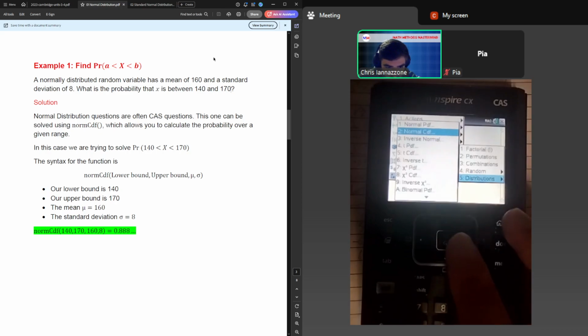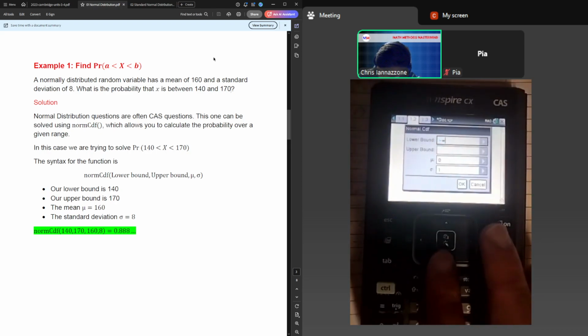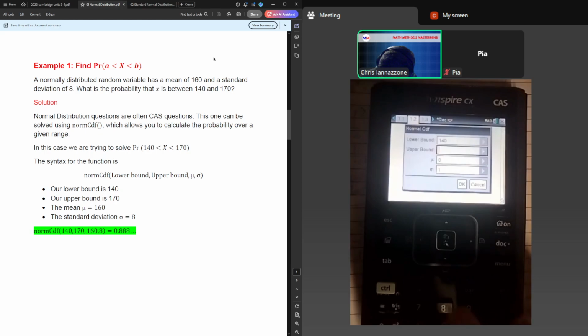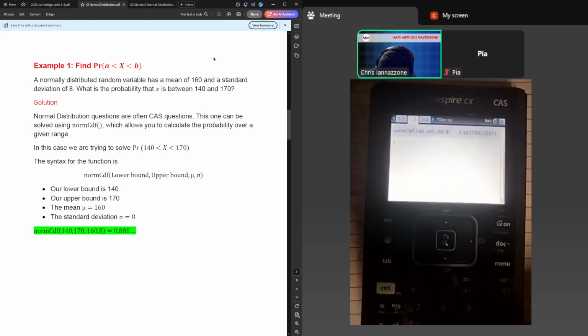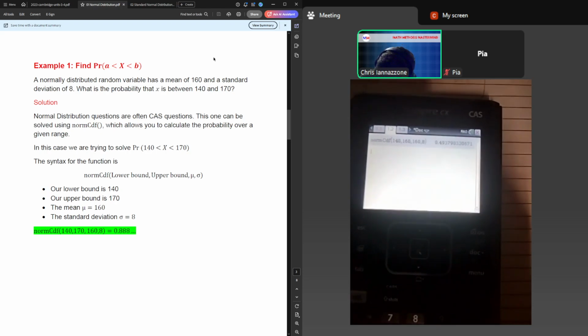The one we care about for a range of values is normal CDF. You'll get a little plugin window. You'll do your lower and upper bound. In this case, it's 140 and 160 respectively. We were told the mean was 160, and the standard deviation was 8. Click that in, and you get a completely different value to what's written on the thing.